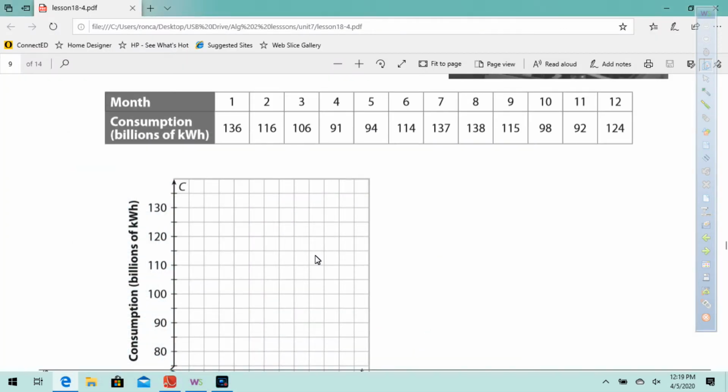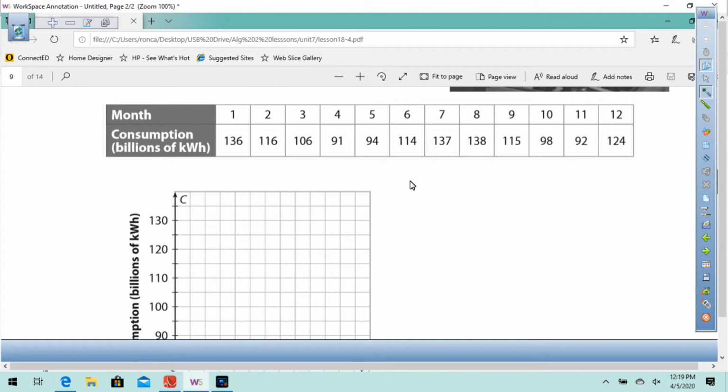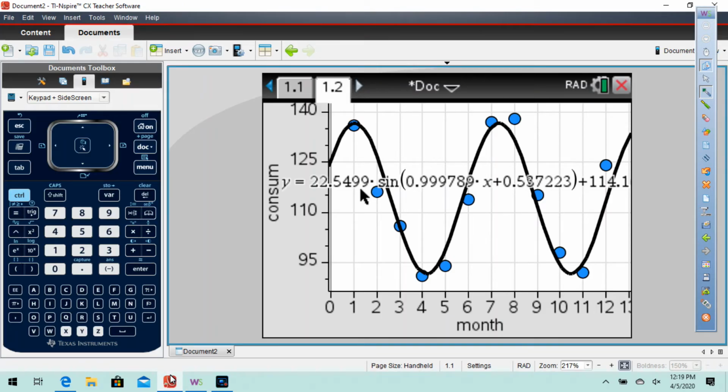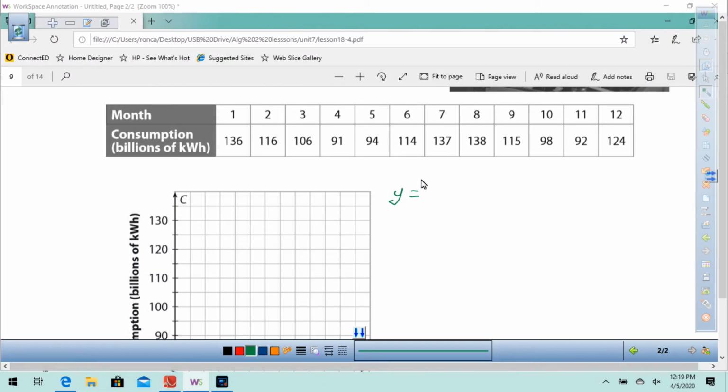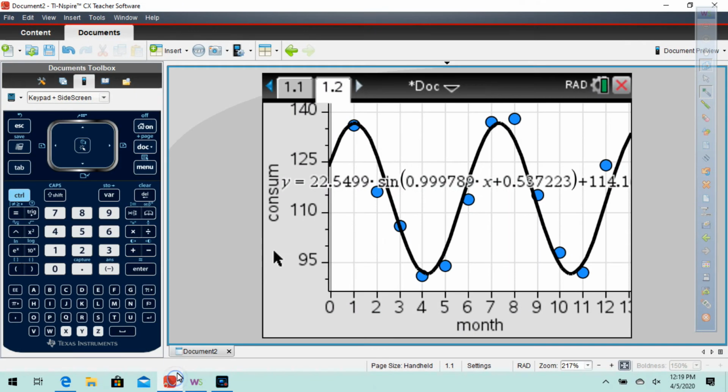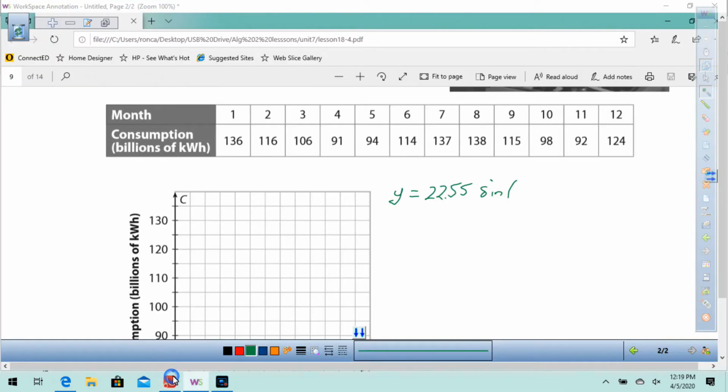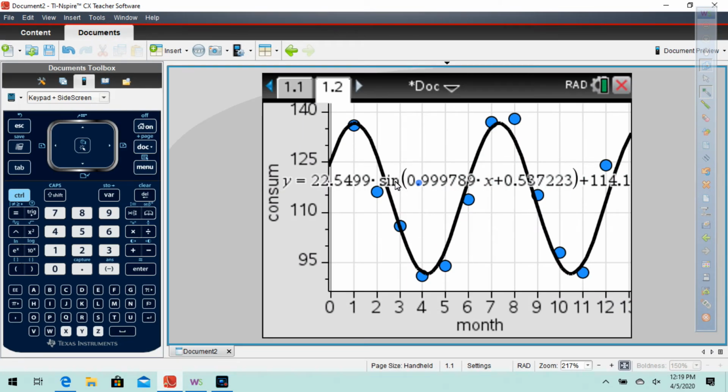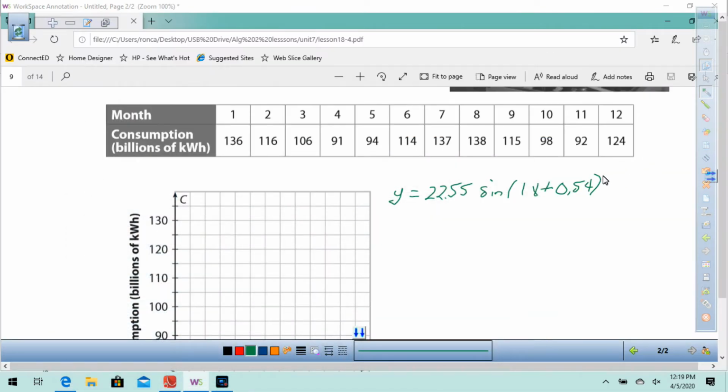So our curve is y equals 22.55 sine, and 0.99, I'm going to say 1x plus 0.54, plus 114.2.